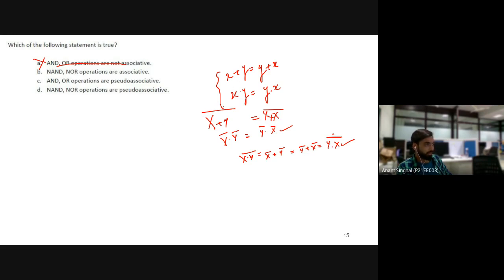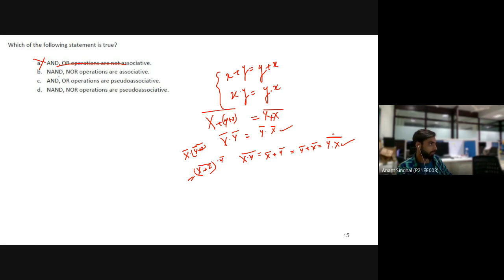If I try to change this to three variables, let's suppose y plus z, it will not give the correct term. NAND is nothing but x bar dot y bar. If I change to y plus z bar, it is not similar to x plus z bar into y bar. That is why NAND and NOR are pseudo associative. They are not completely associative.